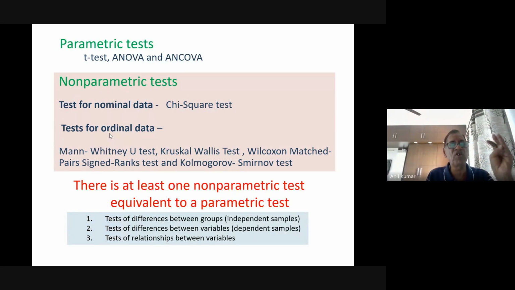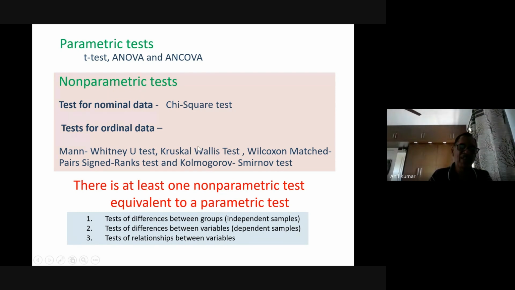So ensure what the nature of our data is, and look at what level of measurement there is when we have collected the data. Depending upon at least these two conditions, we can use parametric or non-parametric tests.